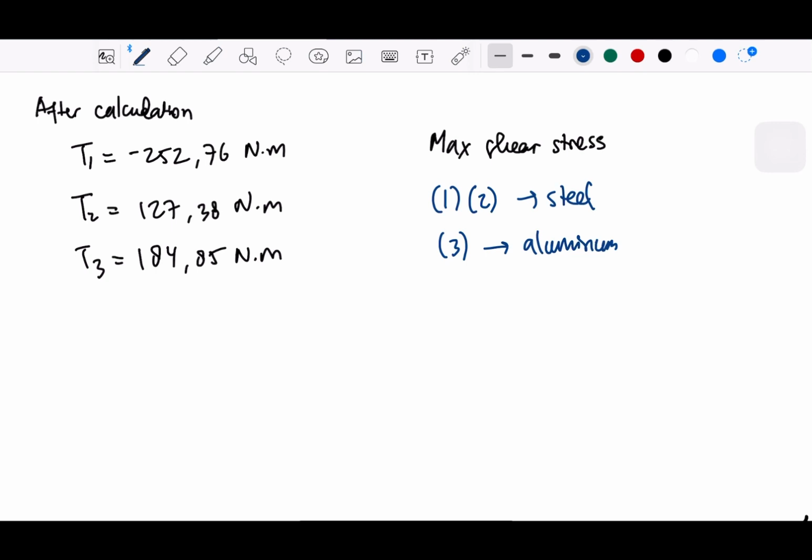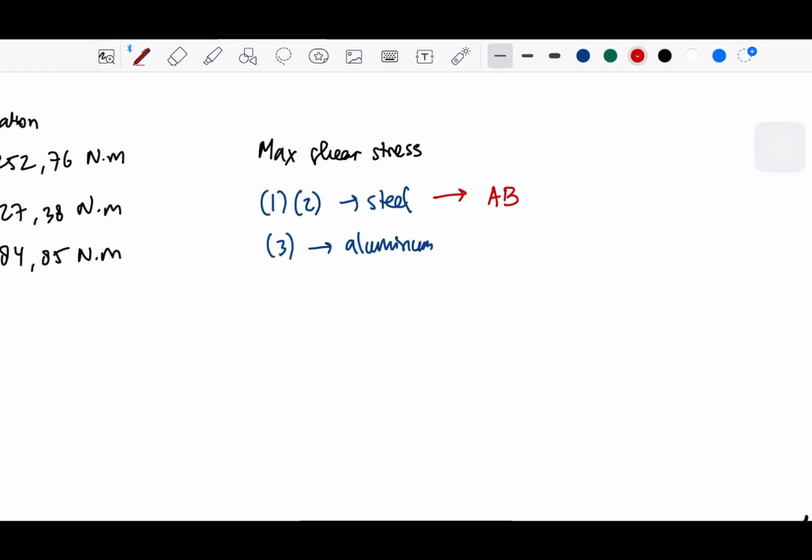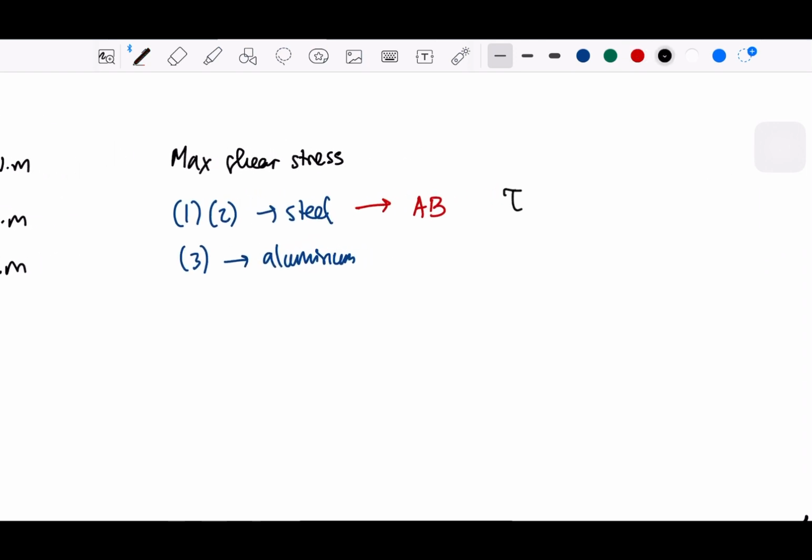So for steel, we are going to focus on the shaft AB, which means that we are going to take the tau, this is T1, and since this is the maximum value, we need to take the absolute value here. Suppose that there are maybe negative signs within the torques. We need just the absolute value. So R1 divided by the inertia.